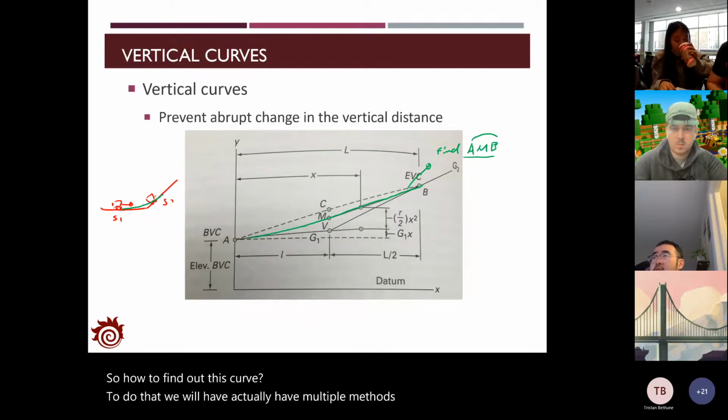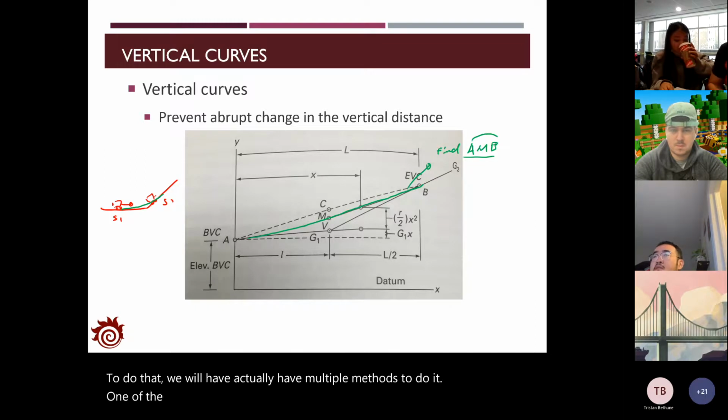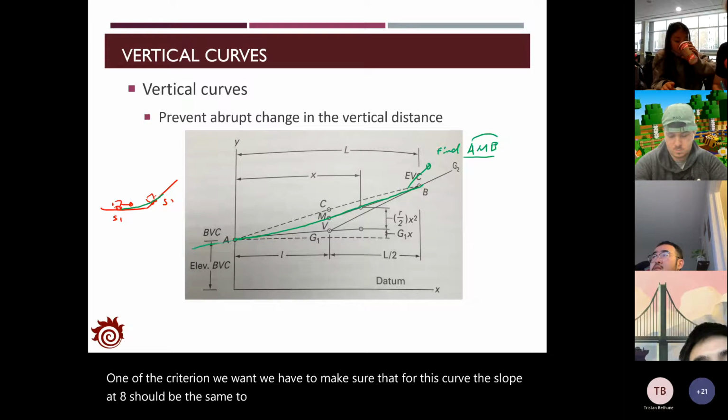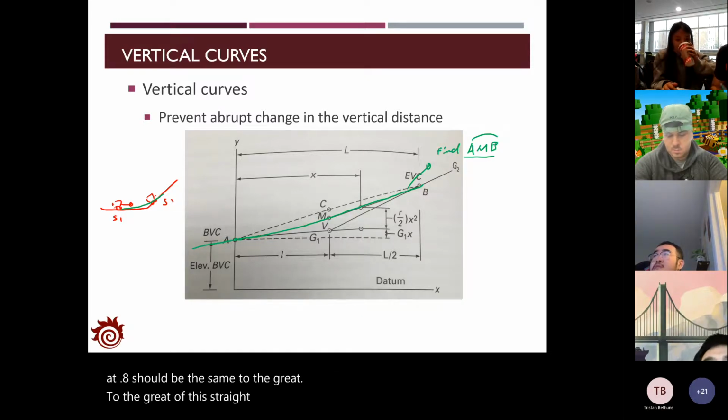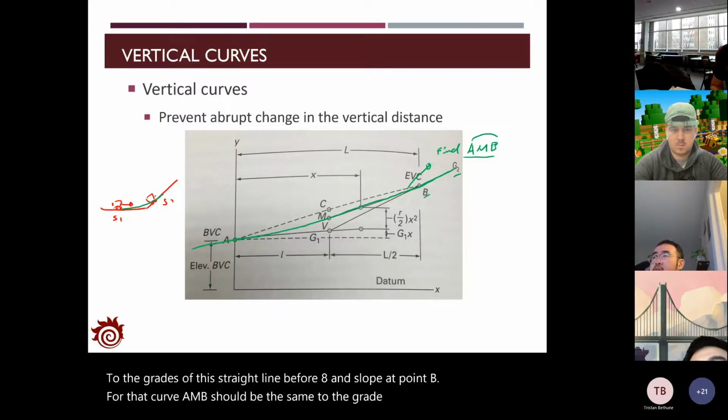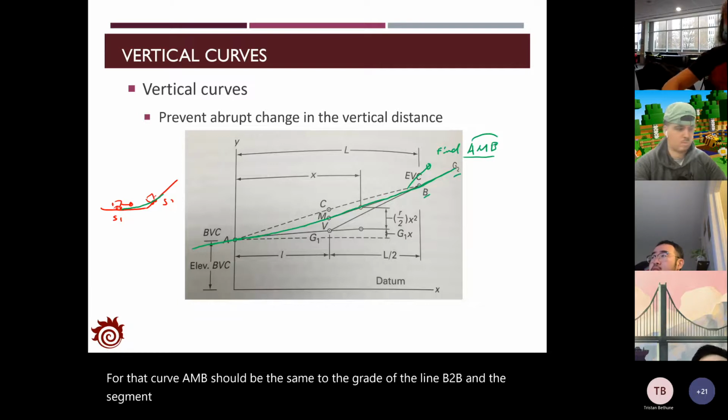One of the criteria we have to make sure of is that for this curve, the slope at point A should be the same as the grade of the straight line before A, and the slope at point B for that curve should be the same as the grade of the line segment behind B. So that's the requirement.